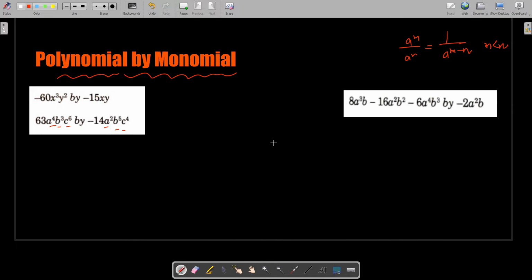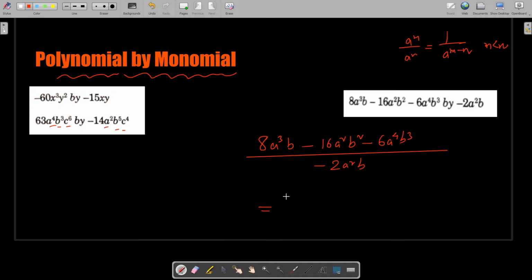So next one is given 8 a cube b minus 16 a square b square minus 6 a to the power 4 b cube, and that is divided by minus 2 a square b. So what you're going to do, we'll divide each term individually.